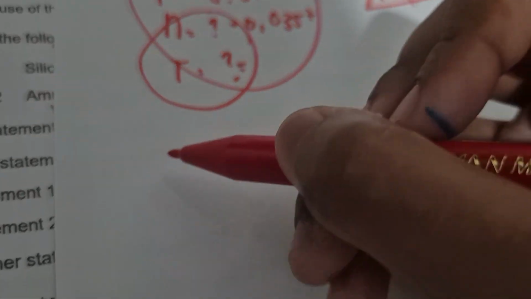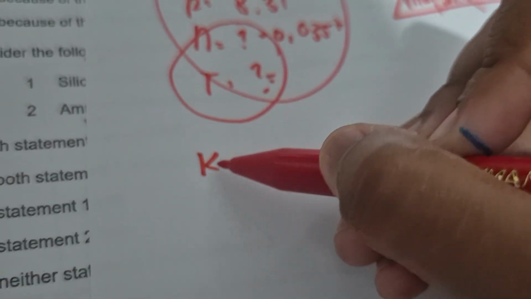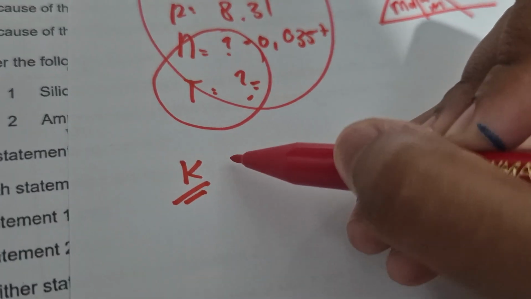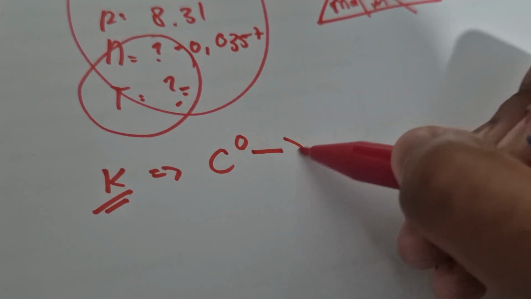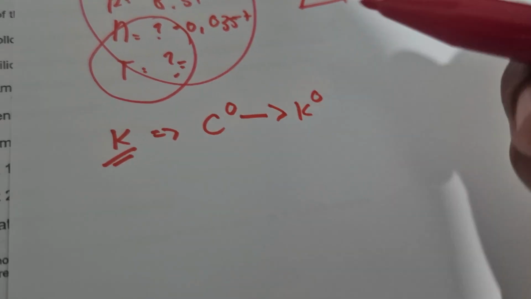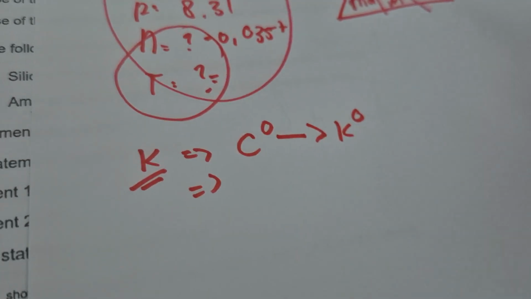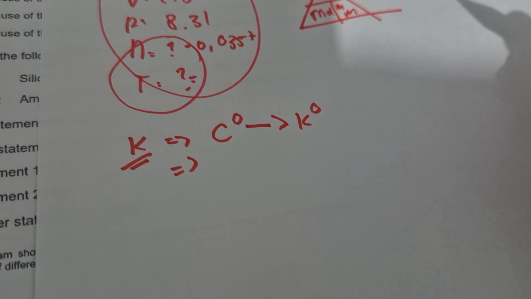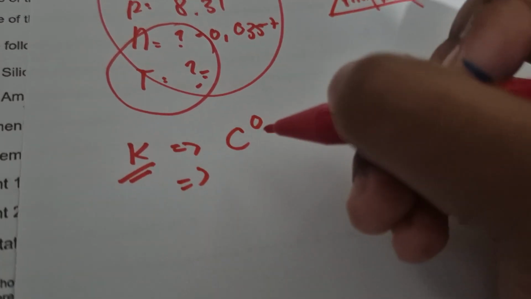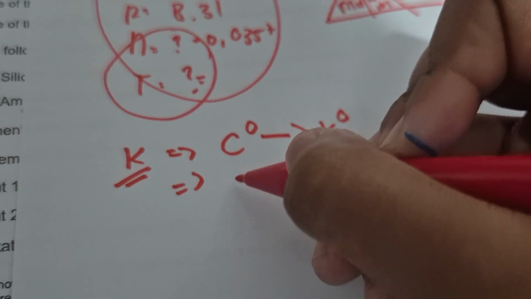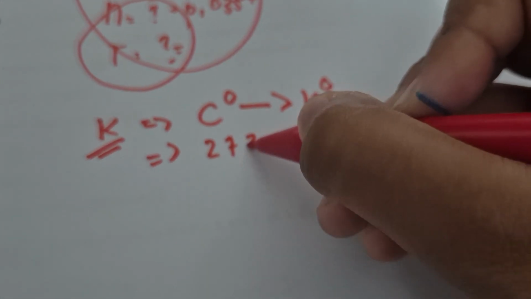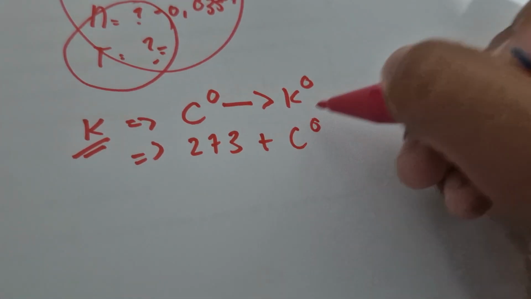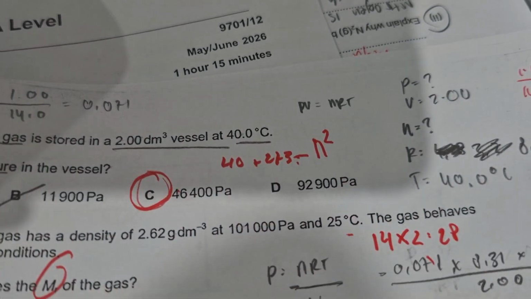And what is the temperature? So for the temperature, we have to use Kelvin. But since this one is Celsius, we're gonna convert it into Kelvin. When we convert it to Kelvin, we have to add 273 plus the Celsius. We see in the question the Celsius is 40.